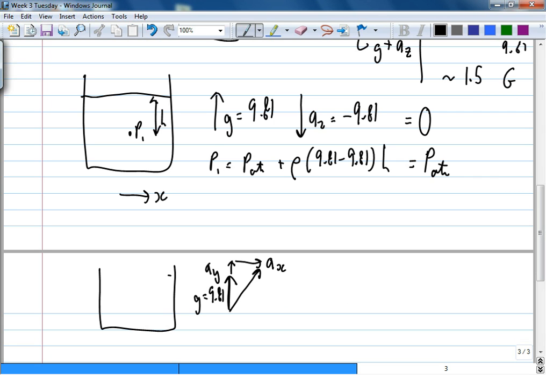Alright, so because your total acceleration is that way, do you expect the water level to be horizontal or not? No, it should be normal. So previously your acceleration this way, your water level normal. Now your total acceleration that way, your water level normal. Okay?